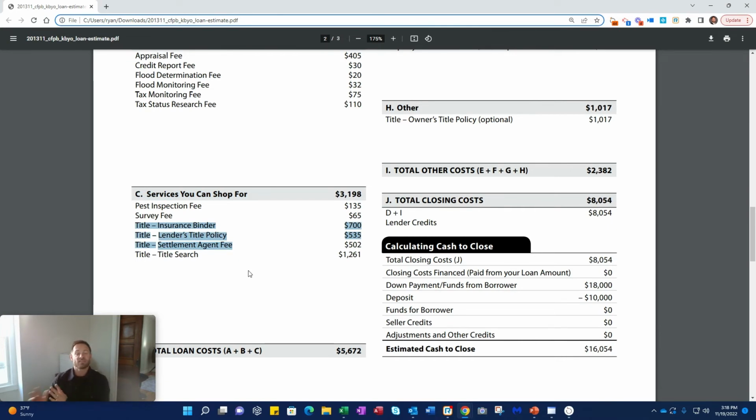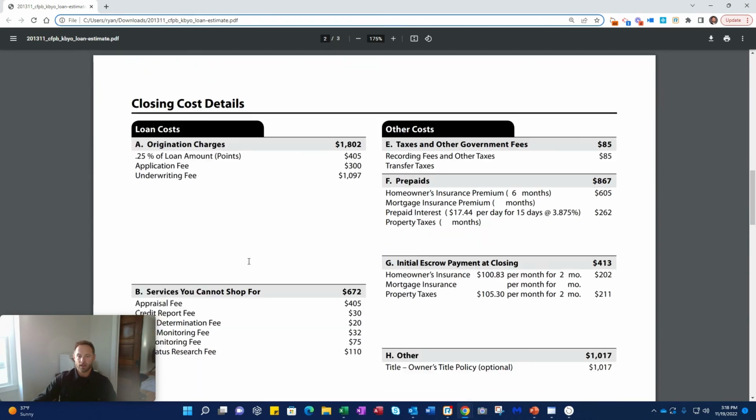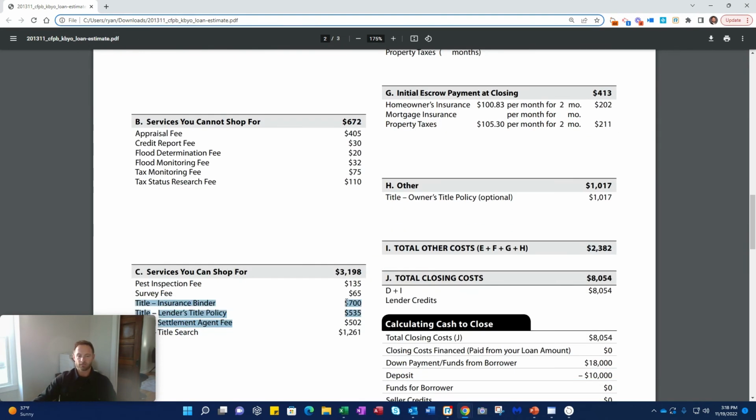Two lenders can use the same exact title company and have the same exact title estimate or be slightly varied. So if one lender shows you title costs that are a few $100s difference than another lender showing you, well, maybe they're using different title companies. You could use the same title company to get a comparison for that. So it's not a good comparison when you're comparing lenders. Again, you just want to look at box A when you're comparing lenders on what the better deal is.